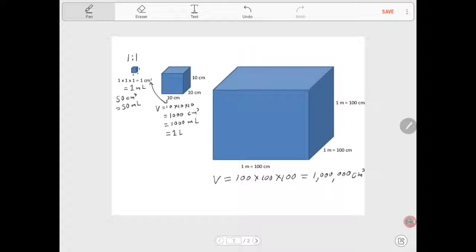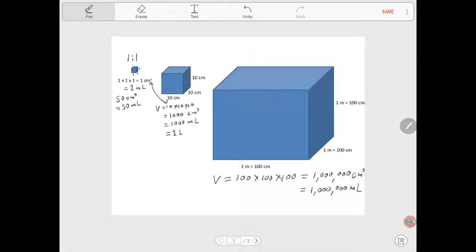That's interesting. So this box would be 1 million millilitres.